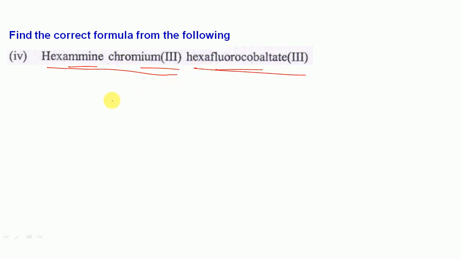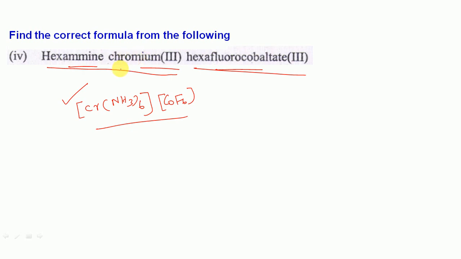Here 2 complexes are present. Hexaammine means ammonia 6 times, with chromium as the central metal atom. Another complex: hexafluorocobaltate(III), so CoF6. This is the full formula.